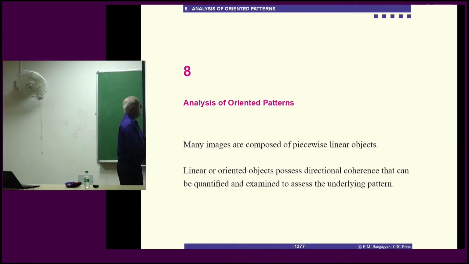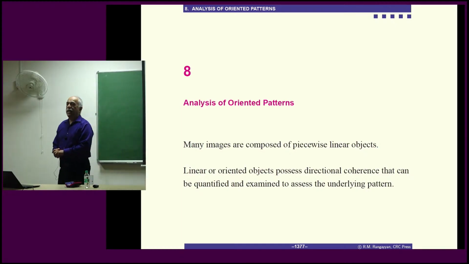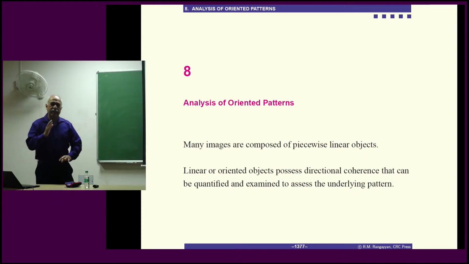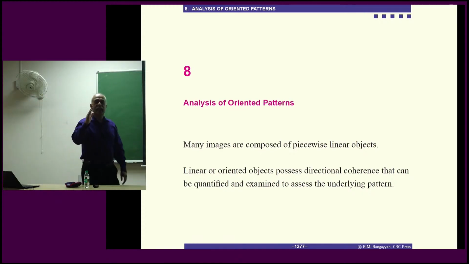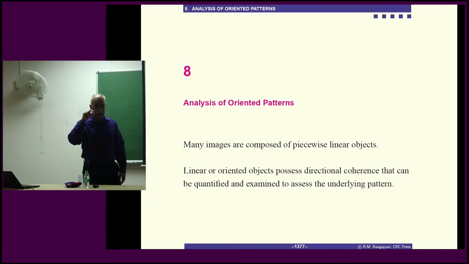So the main point here is many images are composed of piecewise linear objects or curvilinear objects, curvilinear features. They are linear for some distance and then they curve and then the curvature changes, but then there could be another linear portion. So a curved pattern could be made up of a number of linear segments.